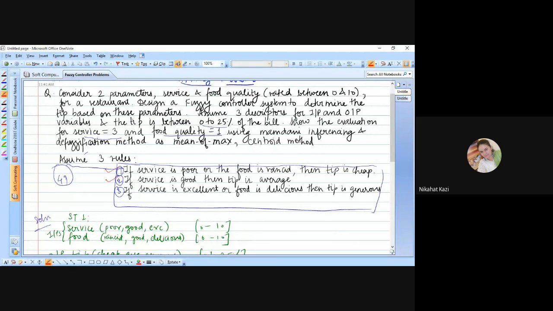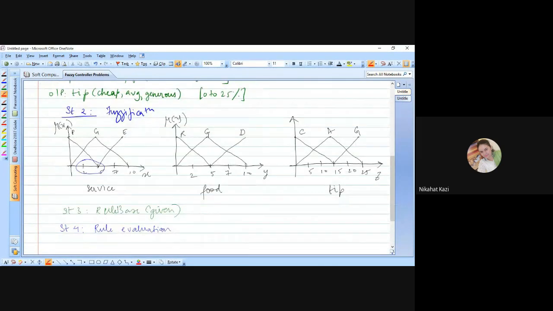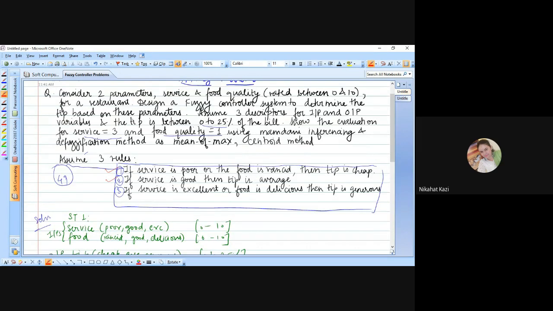What about food quality? Food quality is 1. So food quality 1, where is that coming? That is coming under the rancid and the good graph, right? Food quality, rancid and good. But if you look here, there is no rule for food quality good.